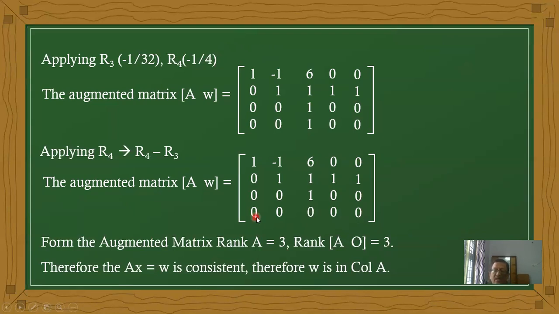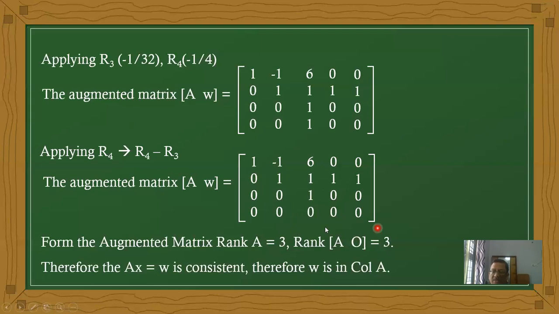Now here I am checking the rank value. In the A matrix there are three non-zero rows: first, second, third. Therefore in A there are three non-zero rows. In the augmented matrix AW there are the same number, three non-zero rows.